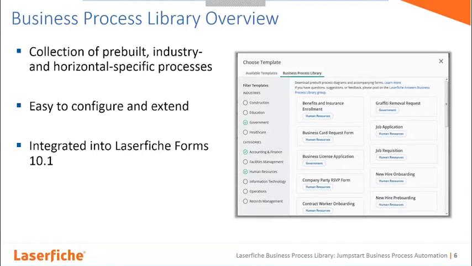The really convenient aspect of the BPL here as well is that this library is integrated into our Laserfiche Forms product. So any organization that has the latest version of Laserfiche Forms, we're on 10.1 right now, is able to access the Business Process Library. There's also no additional licensing fee we charge here as well.